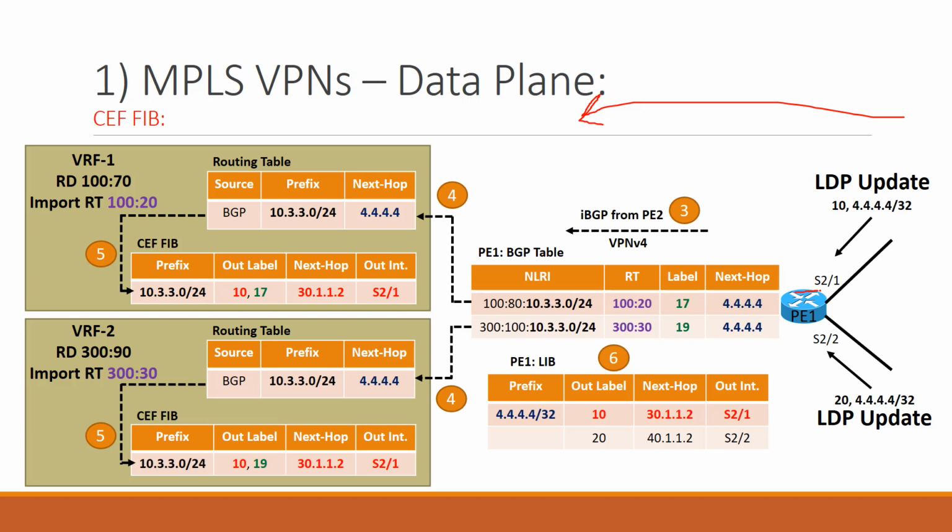First thing that BE1 will receive from the VPNv4 neighbor BE2 will be the BGP table. This BGP update will come either from B1 or B2, even though there is a VPN between BE1 and BE2.